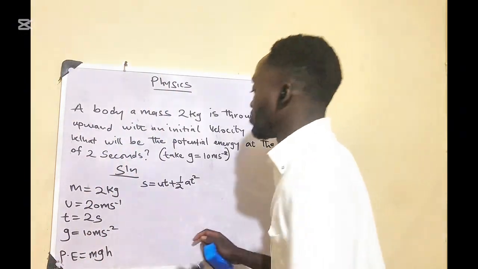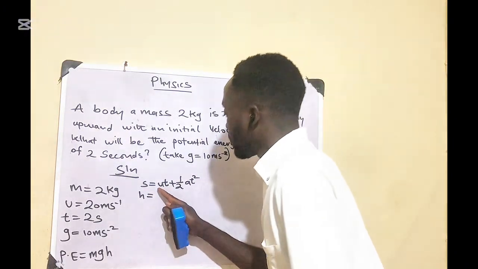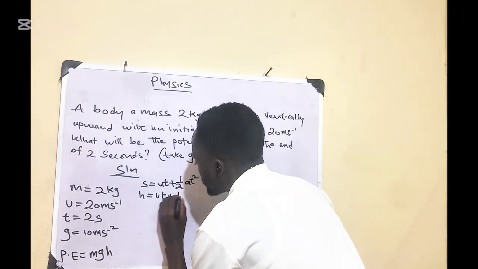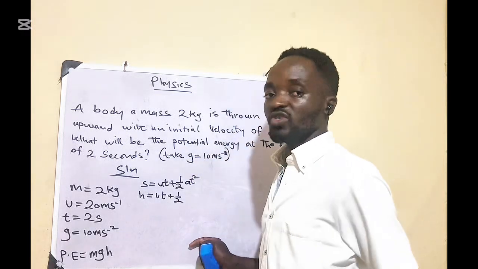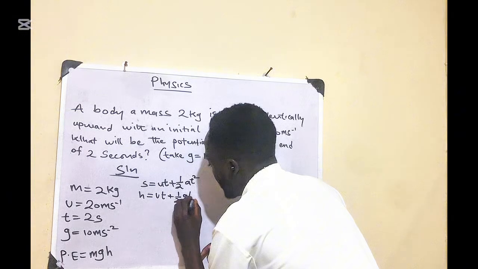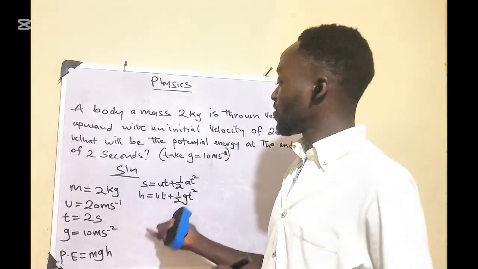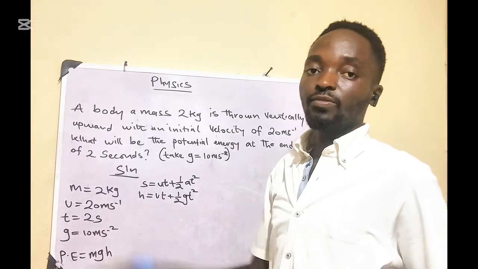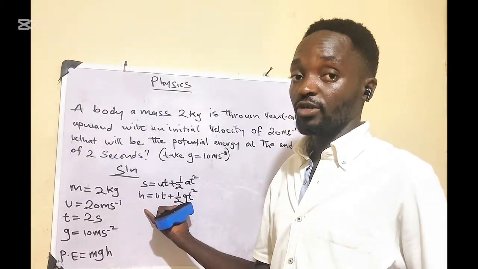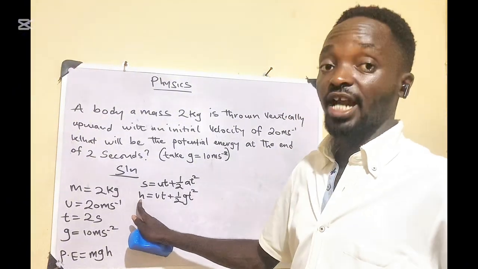So s is going to become h, while u and t remain the same, plus a half, and a here is going to become acceleration due to gravity, that is g, then times t squared. So when we are talking about the motion of a body that is falling vertically, either falling down or going up, this is how the equation is going to change.